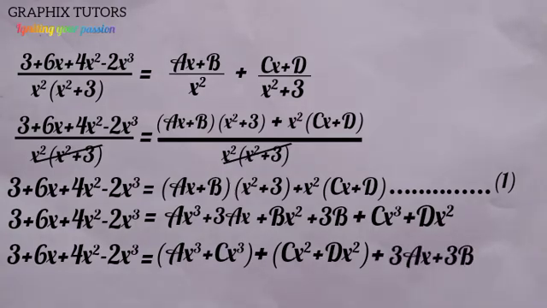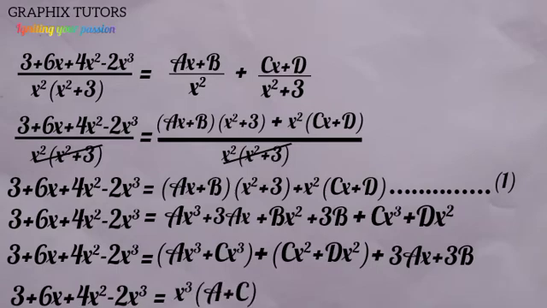Now, if I factorize each of the variables in the bracket, if I bring s cubed out from the first, I'll be having s cubed. If I write it again, I'll be having 3 plus 6s plus 4s squared minus 2s cubed equals to, so if I bring the s cubed out, I'm going to be having s cubed in bracket a plus c, because when you multiply s cubed times a, you have as cubed, and when you multiply s cubed times c, we have cs cubed.